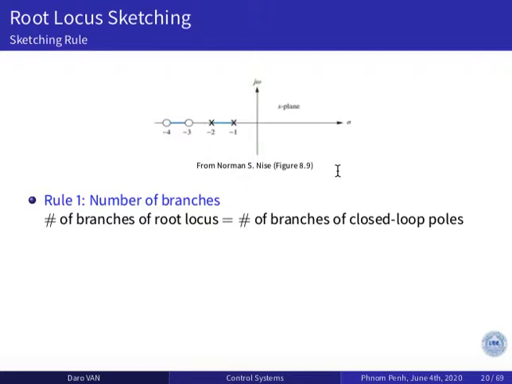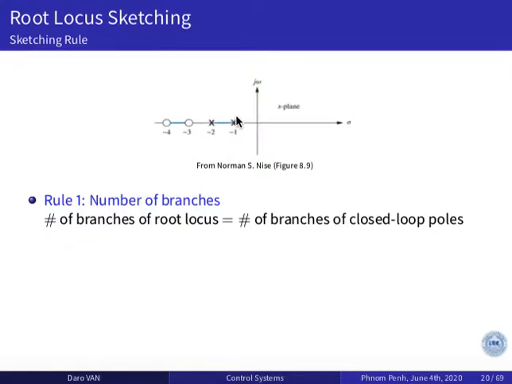For example, rule number 1 is about the number of branches. It states that the number of branches of the root locus equals the number of closed loop poles. If there are 2 poles, then there are 2 branches. Consider an example like this.